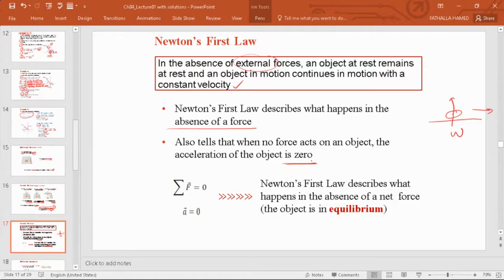And in order to achieve velocity, even if you're starting from rest, you have to have an acceleration to do that. But if the object is at rest, it's not moving, then your acceleration is 0. If the object is moving with constant velocity, also in a straight line, it also has 0 acceleration. And we say the net force in this case is equal to 0, and the object is in equilibrium.